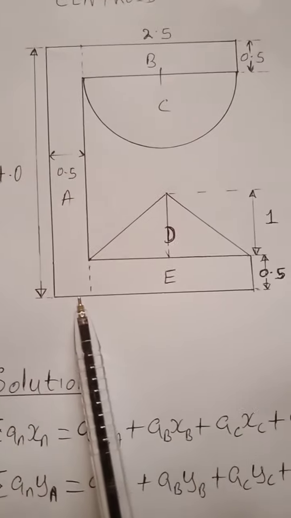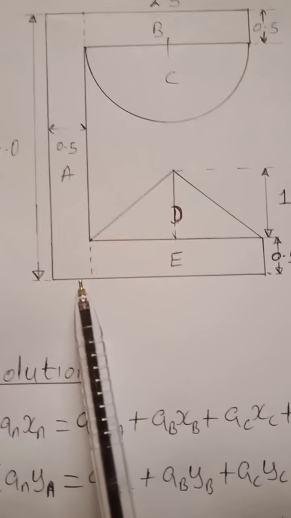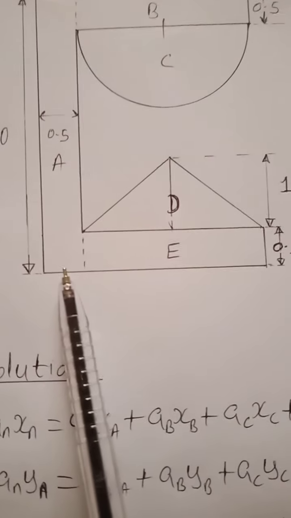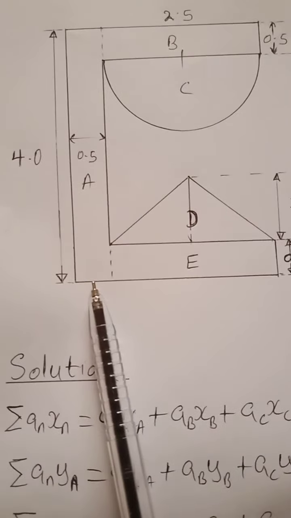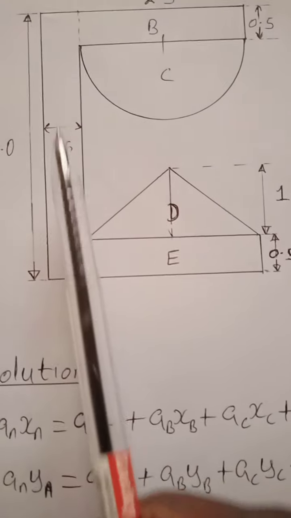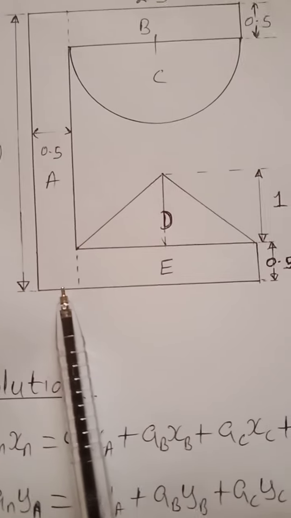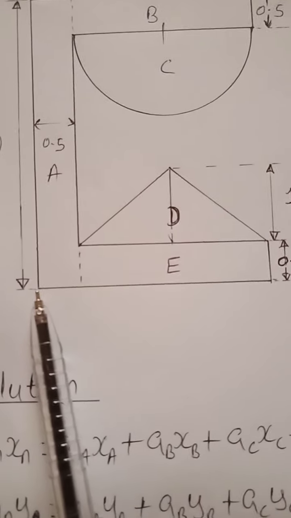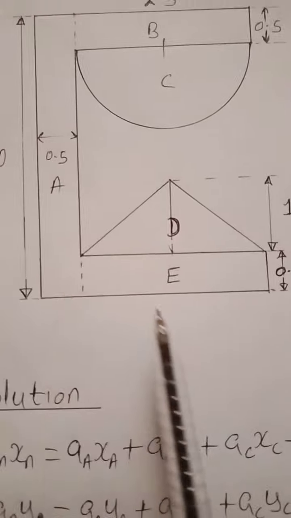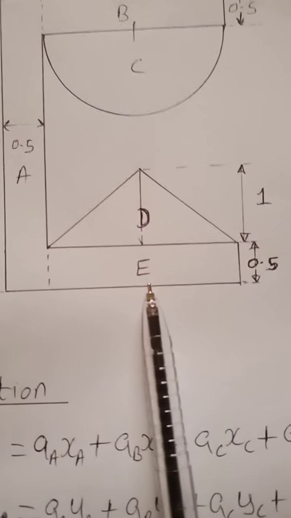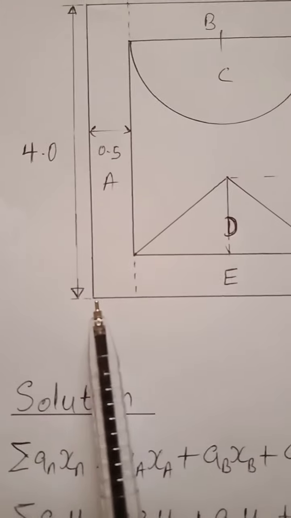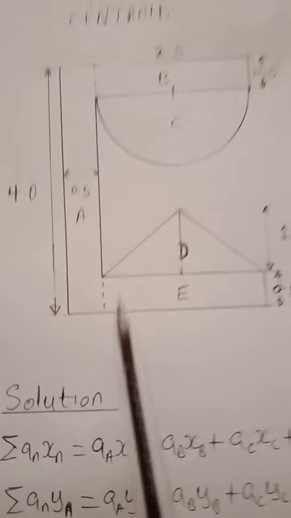So we are going to use the distance from here to the center of here. The centroid of this rectangle is at this center. So we are now going to say the area multiplied by this distance. For E, it is going to be the center here multiplied by the whole distance here. Same goes for the others. Now let's start.